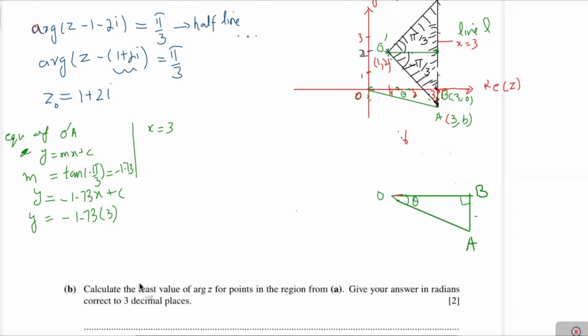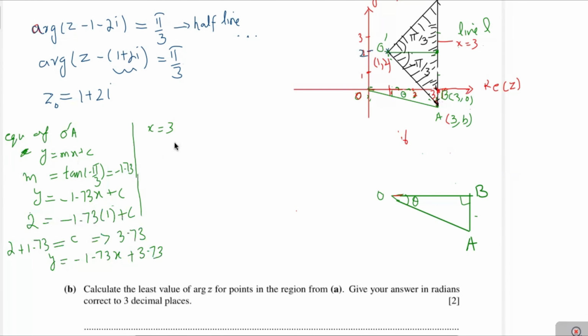This line passes through the point O', therefore we put y is 2, x is 1, therefore the value of c becomes 2 plus 1.73, that is 3.73, and the equation of this line is y equals minus 1.73x plus 3.73.